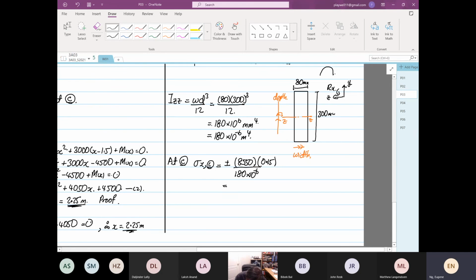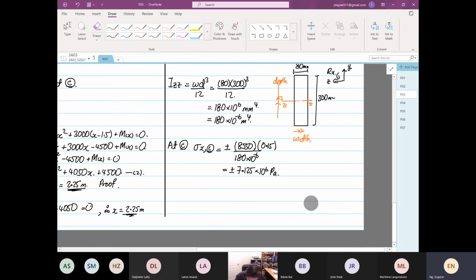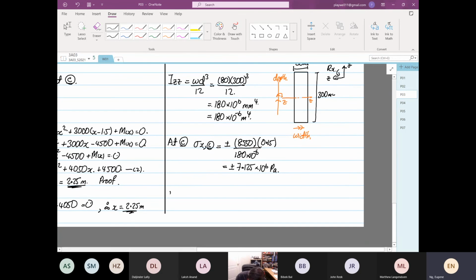So this will be equal to 8550 times 0.15 divided by 180 times 10 to the power minus 6, which is plus or minus 7.125 times 10 to the power 6 Pascal. Let me do it again. 8550 times 0.15 divided by 180 times 10 to the power minus 6. Yep.